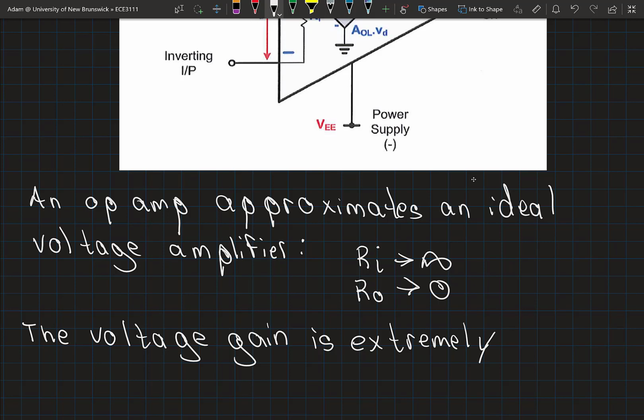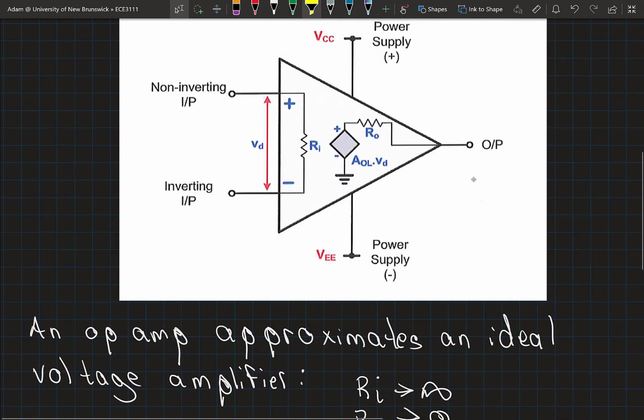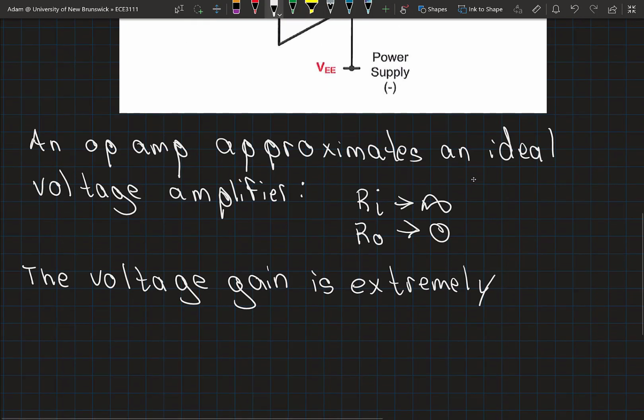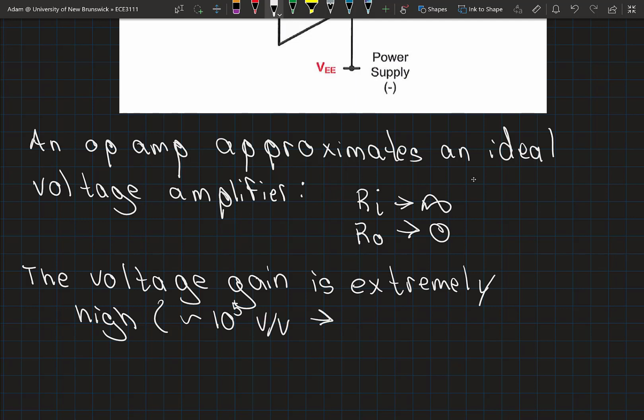That term that's shown here as AOL is extremely high. It's typically on the order of maybe 10 to the 5 volts per volt to 10 to the 6 volts per volt. And for that reason, we often consider it to be infinite.